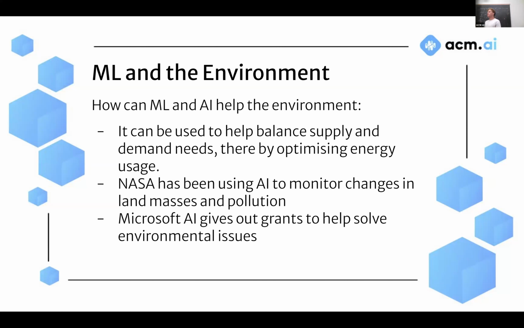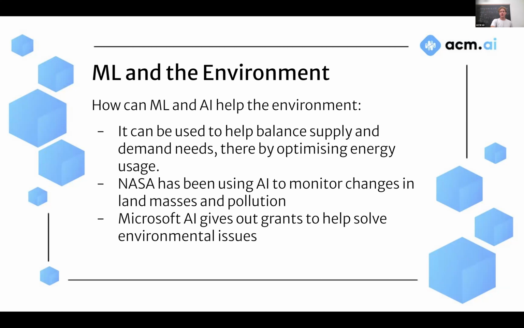If you apply it to direct power to certain places, you can basically only provide the energy that you need to, which is good. And NASA has been using AI to monitor changes in landmass and pollution. So there are all sorts of environmental applications for AI.